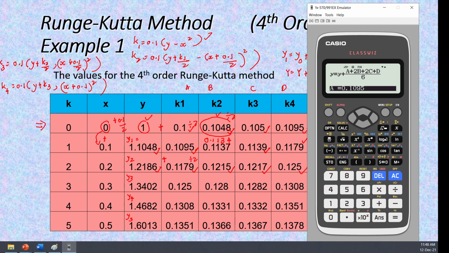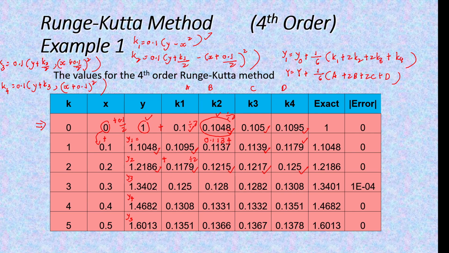For K1, you see from K equal to 1 jump to K equal to 2, which means take the K equal to 2 row: 0.1179, then 0.1215, 0.1217, 0.125. So you get 1.3402.